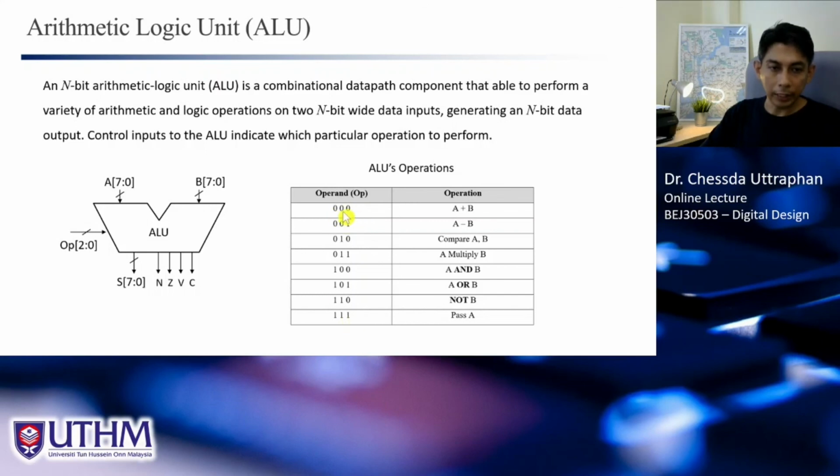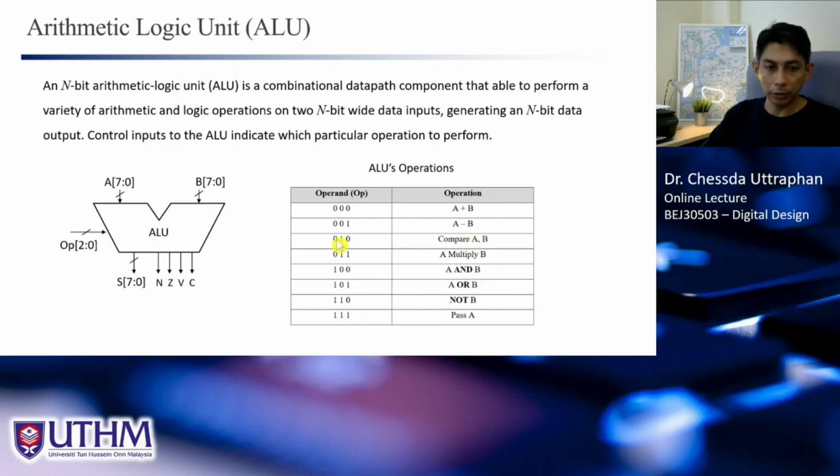If the signal here is 000, the ALU will perform the add operation, which means that the result is A plus B. But when we change the signal to 001, the result will be A minus B, our subtract operation.